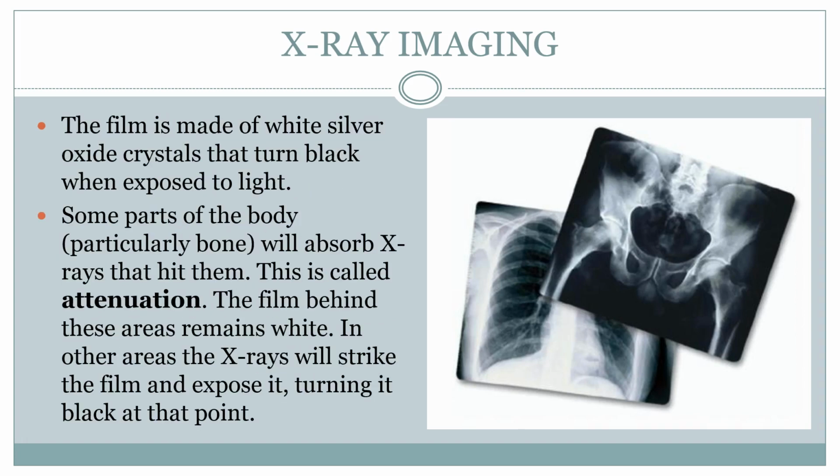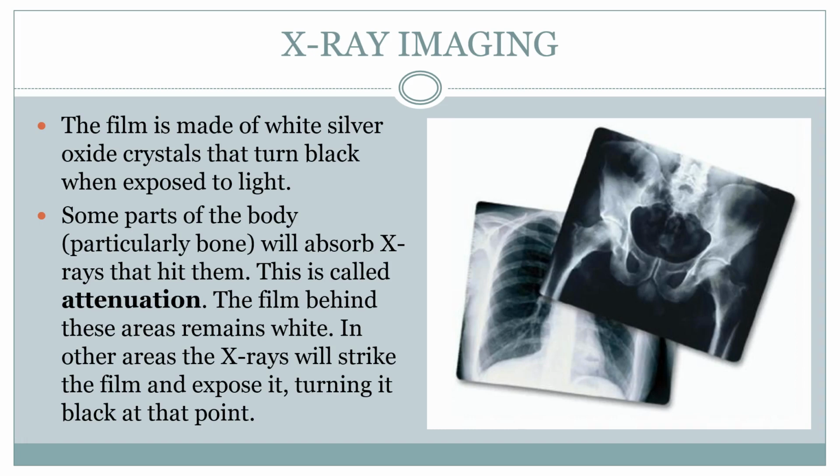Now you might know that photographic film is actually made of white silver oxide crystals. And the reason these are used is because they're photosensitive, which means that they will turn from white to black when exposed to light. Now, as X-rays pass through our body, some parts of our body will actually absorb all or a significant portion of those X-rays, and they won't therefore pass through to the other side.